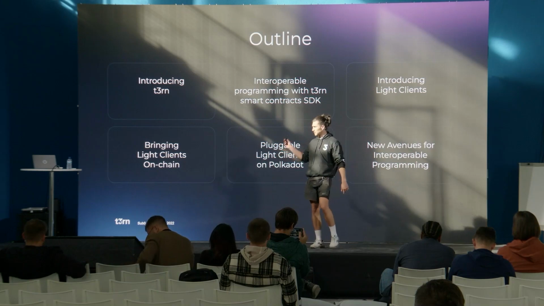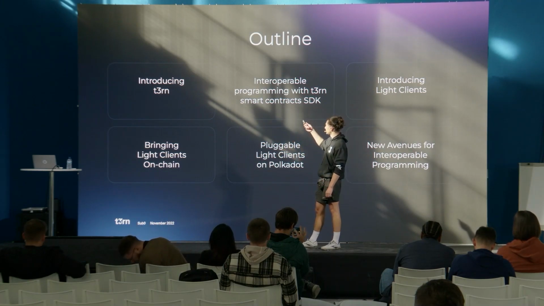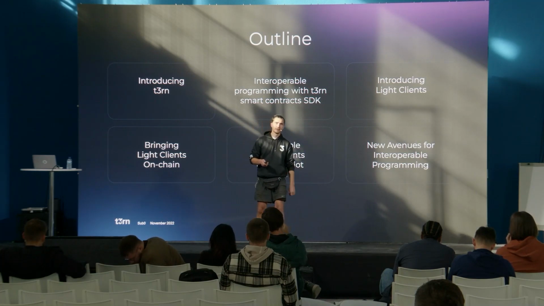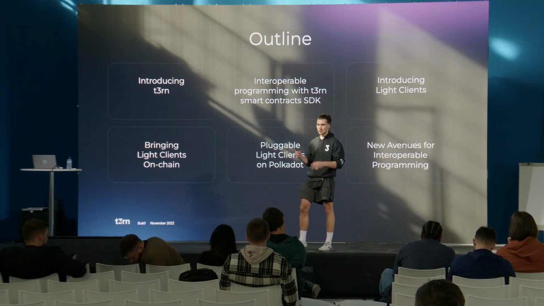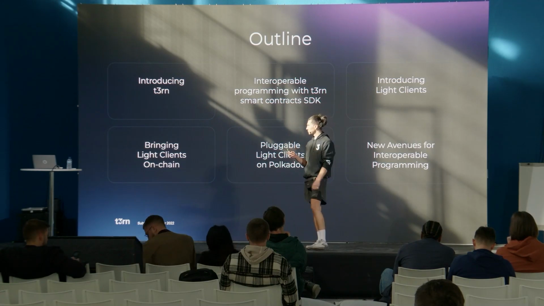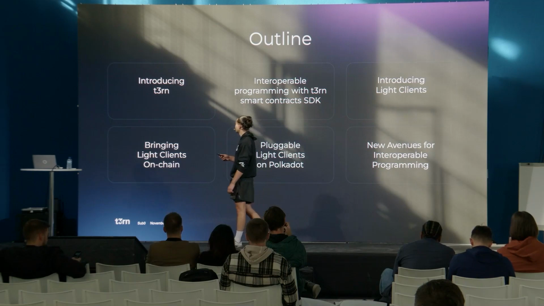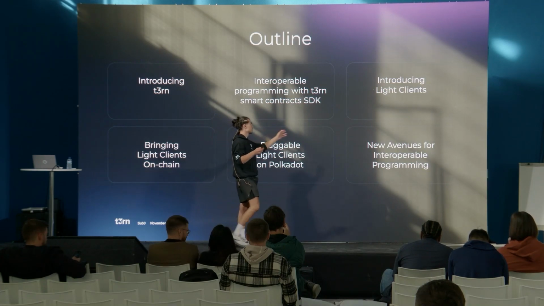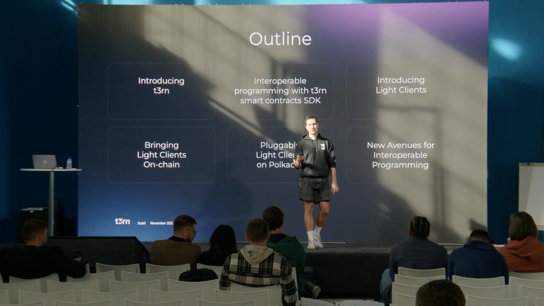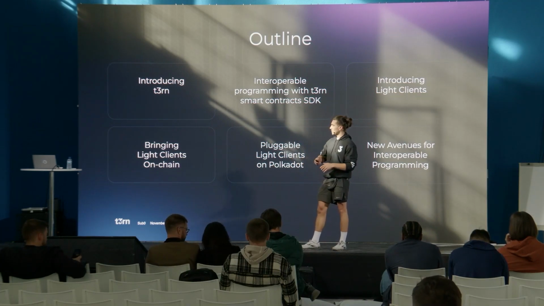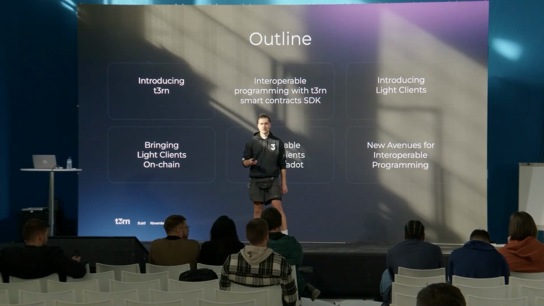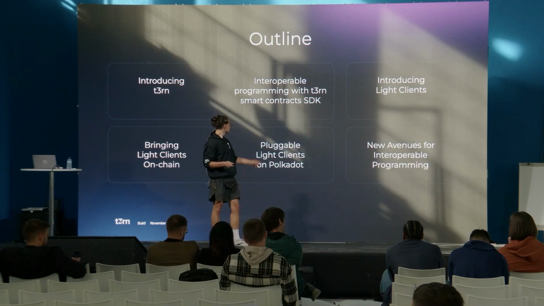First of all, since the journey about the light clients and bringing them on-chain started as part of designing the open execution system that we use in T3rn to prove the inclusion of all of the events that have happened on the remote blockchains, I would like to open with the introduction to T3rn, and then arrive at how we're bringing the light clients to use for the protocol, but then also how we then took the next step and exposed this interface that we use internally for the protocol to use.